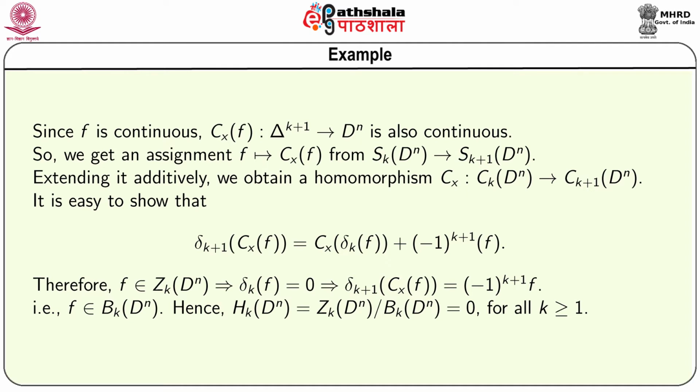That is, the point f which we have taken from Zk(Dn) is now a member of Bk(Dn). Hence, Hk(Dn) is Zk(Dn) by Bk(Dn), the quotient group, is a trivial one for every k greater than or equal to 1.